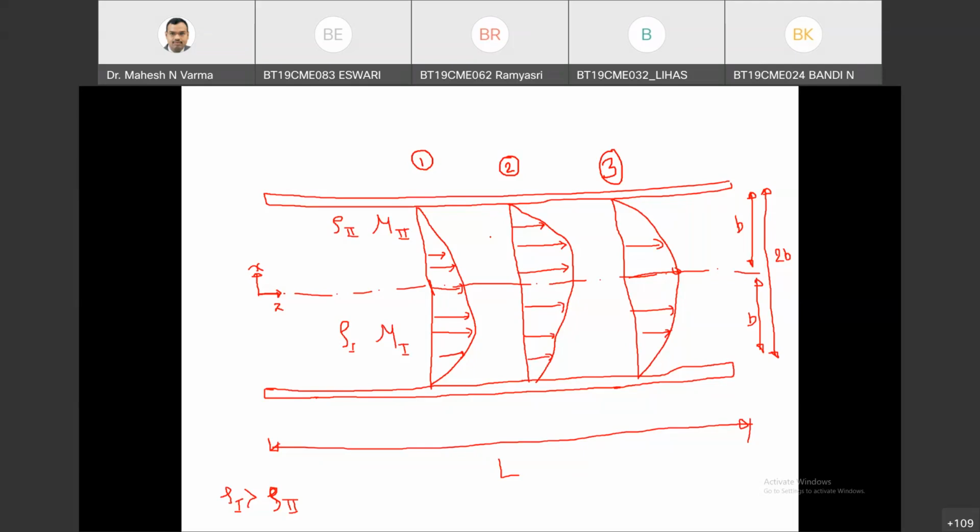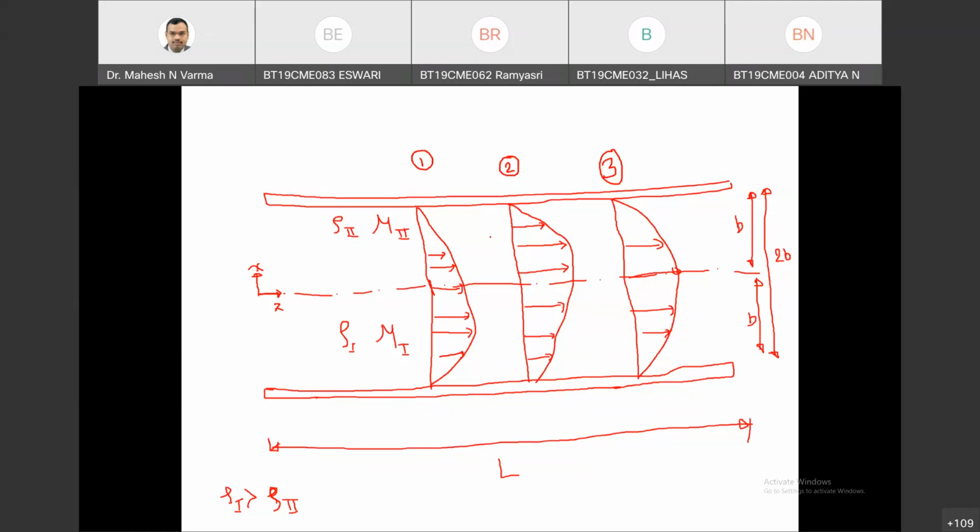Second. Yes, roll number 4, Aditya. Very good. So what have you written? Sir, we haven't specified the viscosity information.